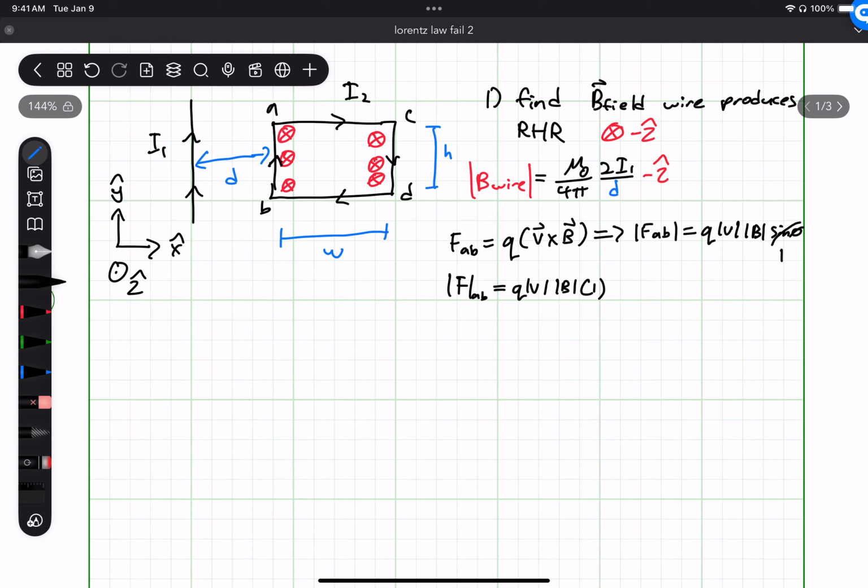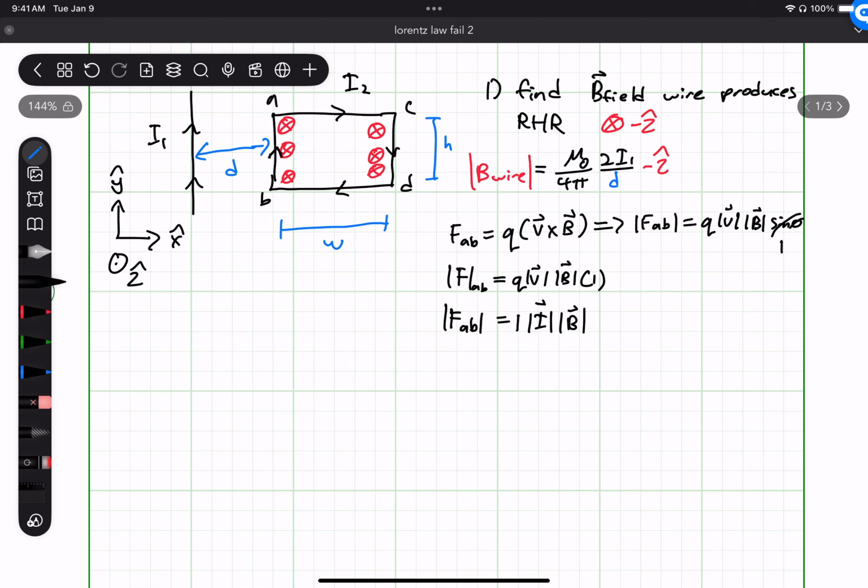I'll say the force from A to B is equal to the length times the current, which is given as a vector, times the B field, still a vector. Let me stay consistent. Now some of you might be confused about how this works. I'll explain it at the very end of the video, but for now, just take this as a fact.